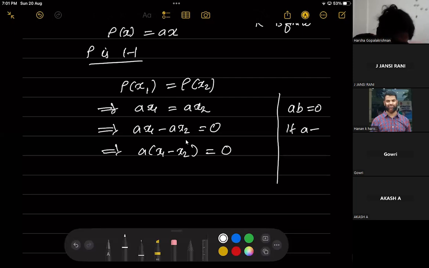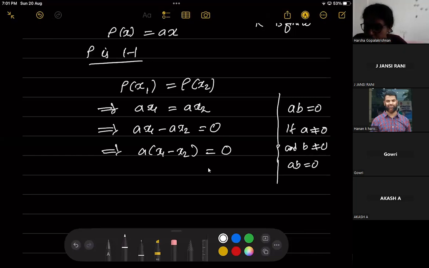If A is not equal to 0 and B is not equal to 0, meaning we have two non-zero elements but their product AB equal to 0, in that case it is a zero divisor. Here in the integral domain, it does not have a zero divisor. So if we write the product equal to 0, one of the elements should be equal to 0. Either A should be equal to 0 or x1 minus x2 should be equal to 0.